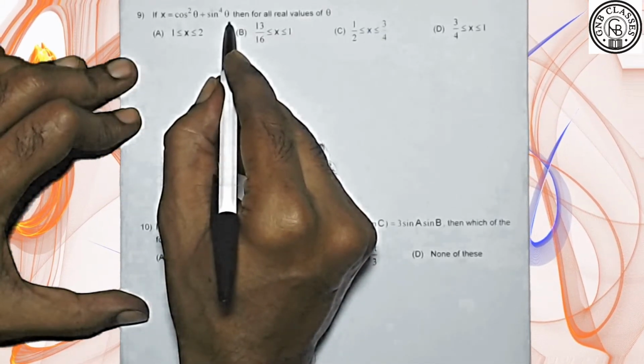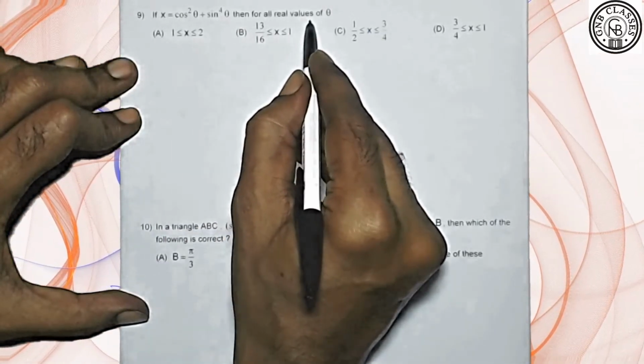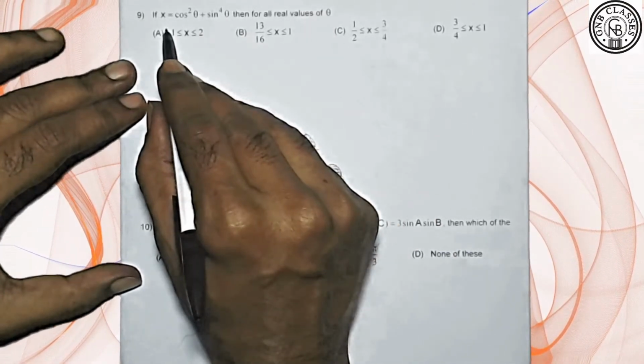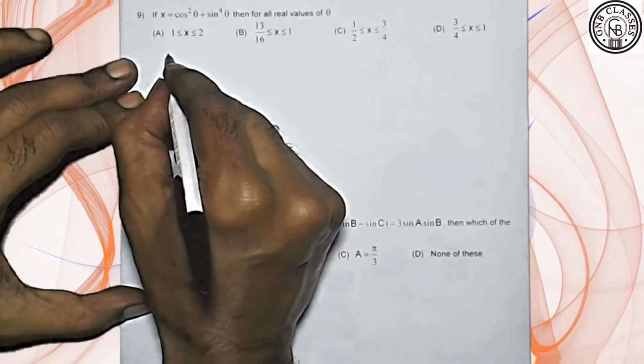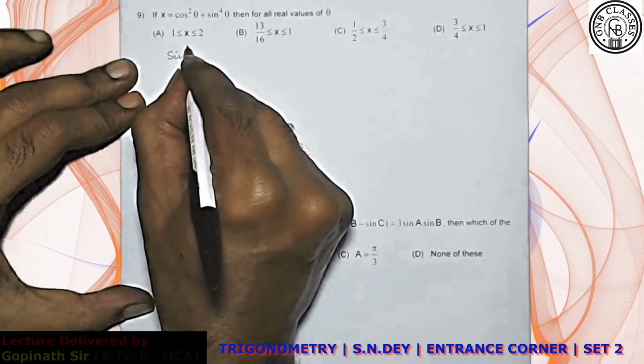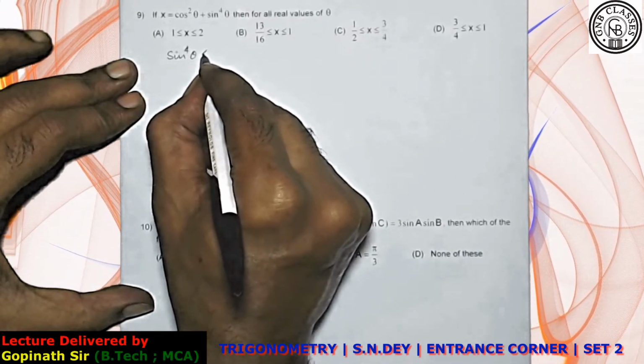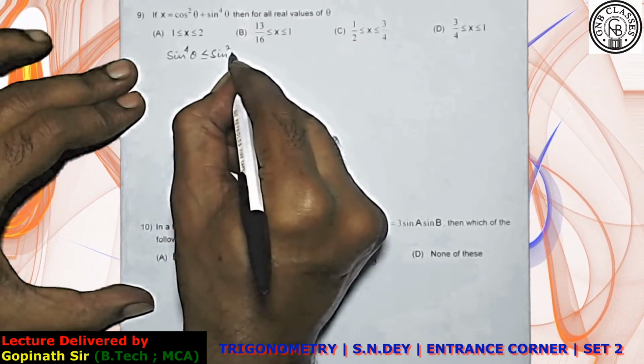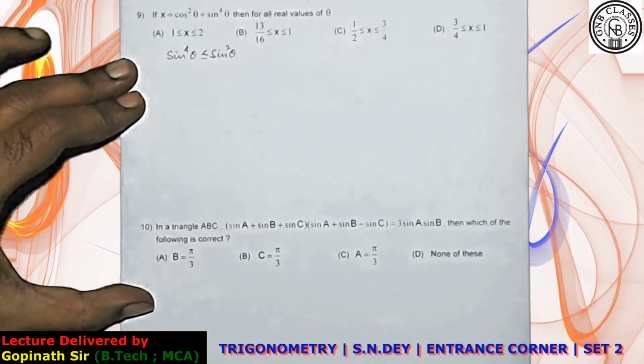X equals to cos square theta plus sine to the power 4 theta. And this is true for all real values of theta. So we have to find out the range of x. We know that sine to the power 4 theta is less than or equals to sine square theta. Is it correct or not?